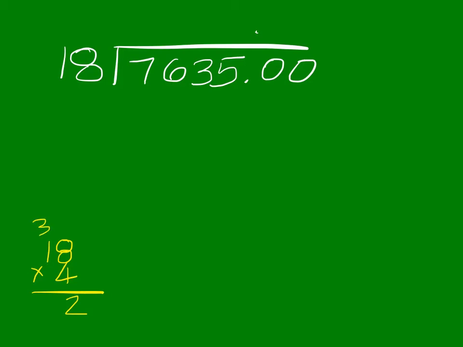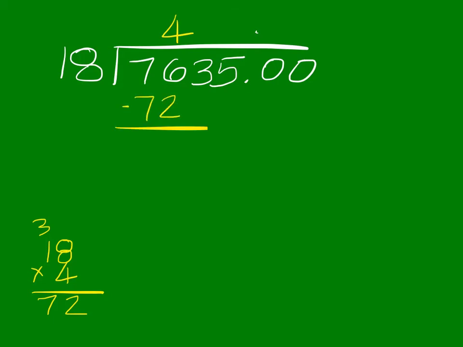So 4 times 1 is what? 4, plus 3 is what? 7. So 72, can I fit in another 18 between 72 and 76? No. So you're going to go in 4 times, and that is 18 times 4, which is 72.